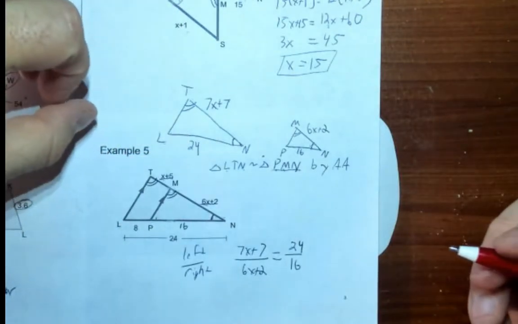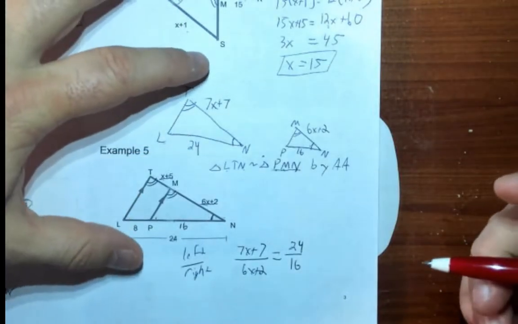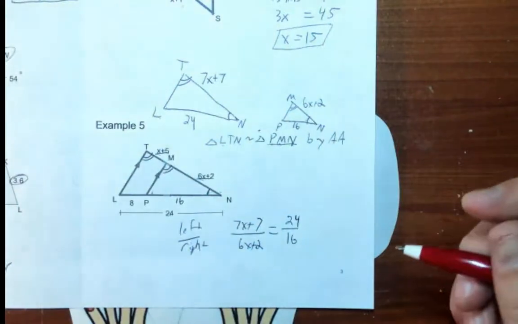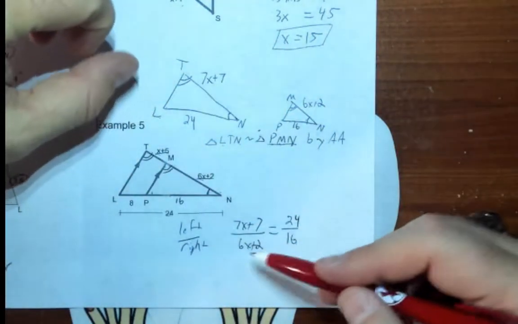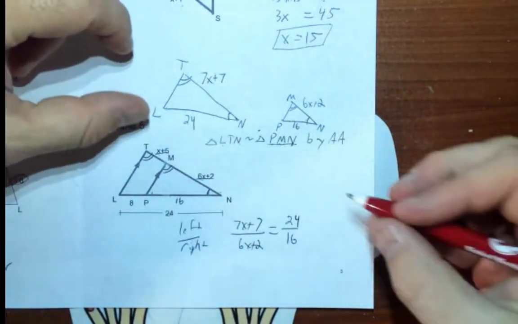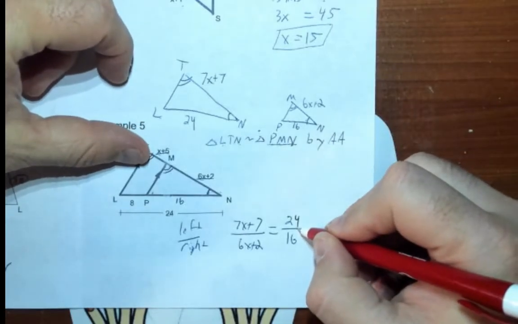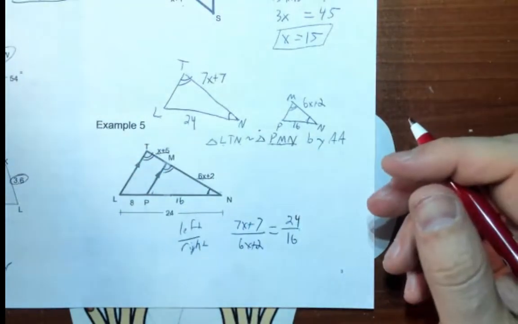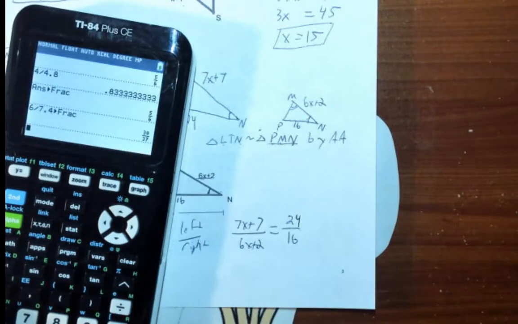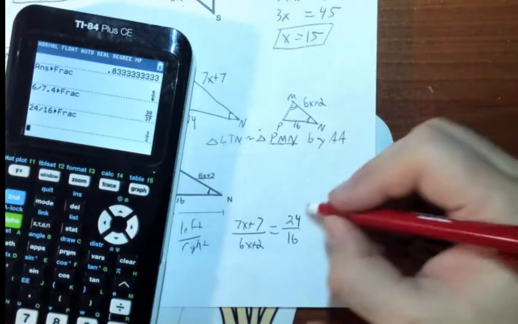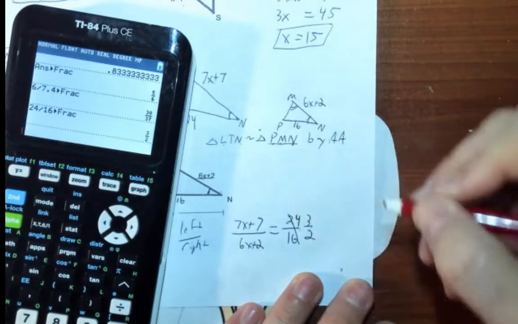Always putting the left one on top and the right one on bottom. Okay, now I could go ahead and distribute this across. That's going to give me some really large numbers though. I'm going to choose to go ahead and reduce this first just to make it a little bit easier. 24 divided by 16. I should do that in my head. Oh well. This is going to be 3 halves.